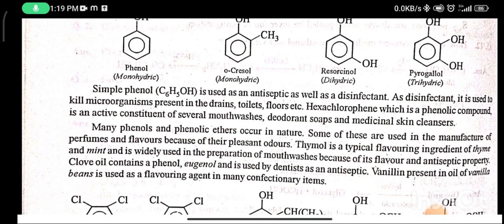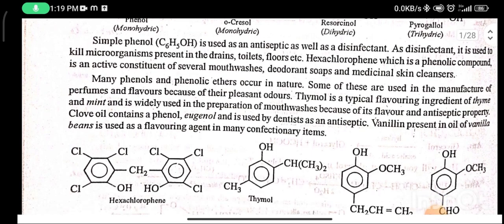Many phenols and phenolic ethers occur in nature. Some of these are used in the manufacture of perfumes and flavors because of their pleasant odors. Thymol is a typical flavoring ingredient of thyme and mint, widely used in the preparation of mouthwashes because of its flavor and antiseptic property.